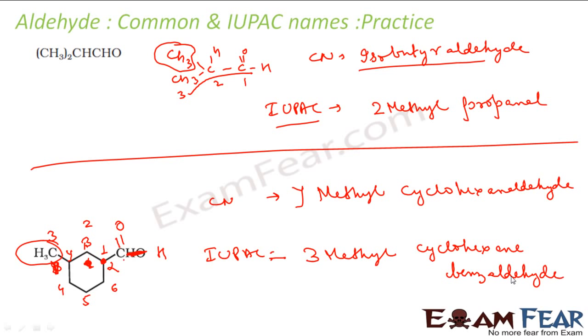So it is 3-methylcyclohexanecarbaldehyde. Please note, in the IUPAC name, for normal straight or branched chains, the CHO group is also part of the chain, so you start the numbering from the CHO group itself. But for cyclic ones, where you number in the ring, you don't include that CHO.